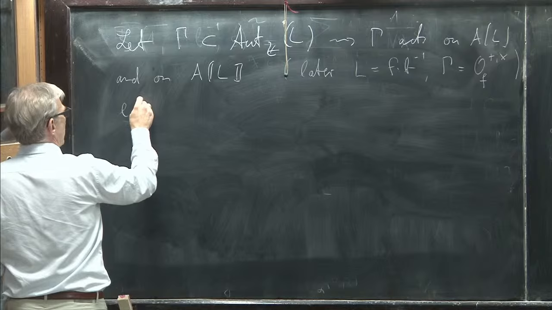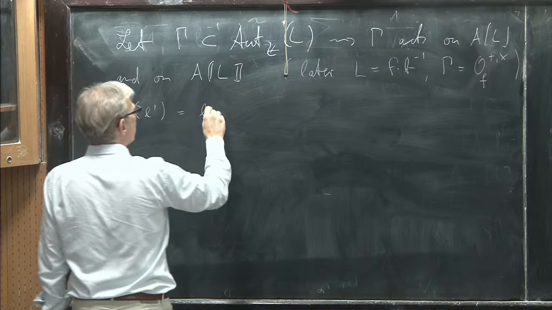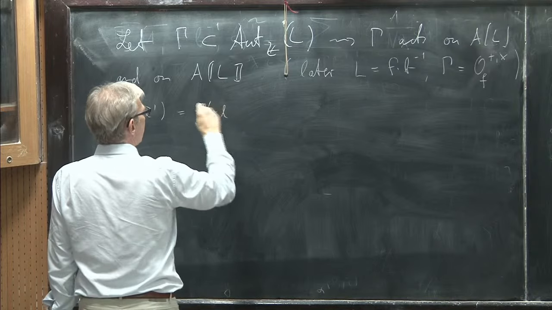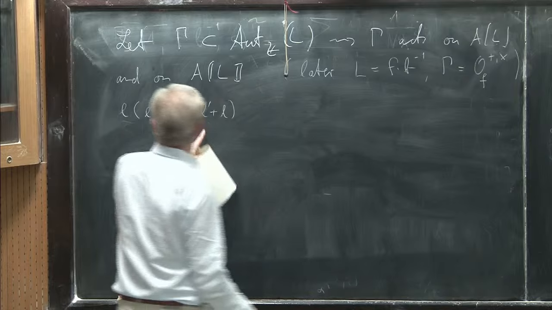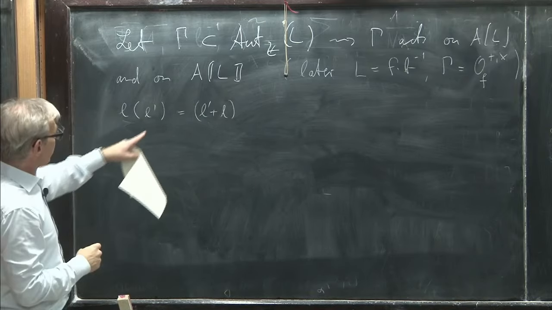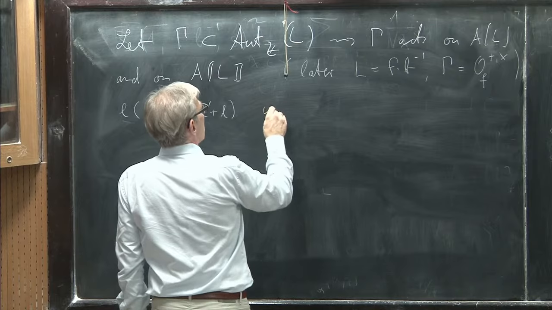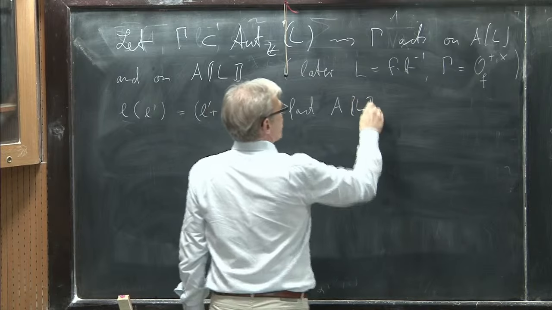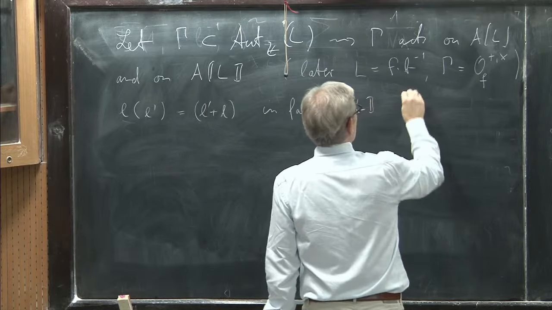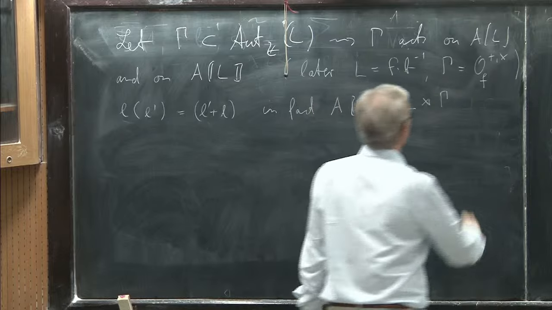L acts on L prime by simply shifting, L prime plus L, and so AL becomes a semi-direct product action of gamma and L.